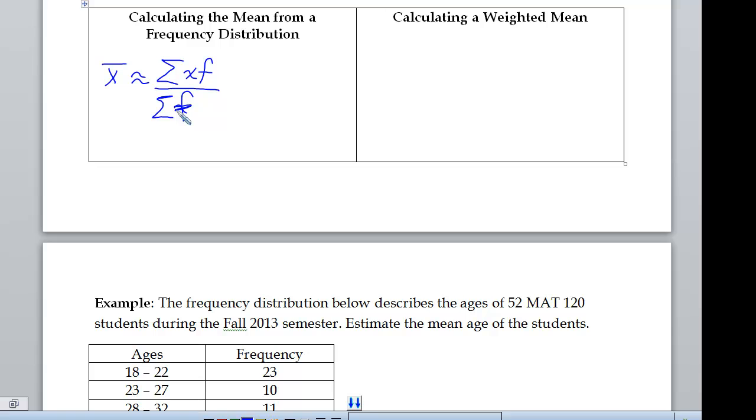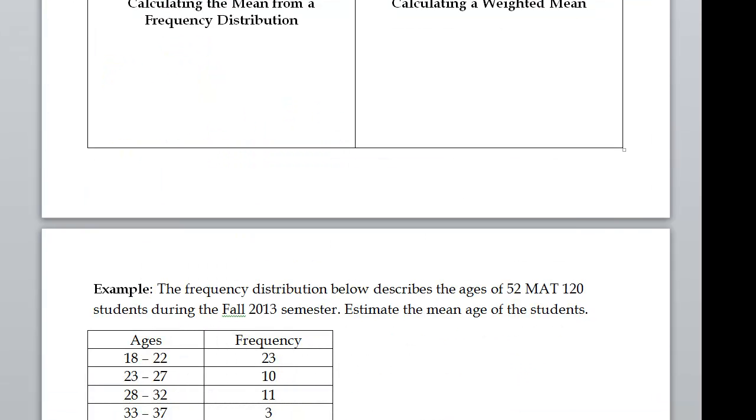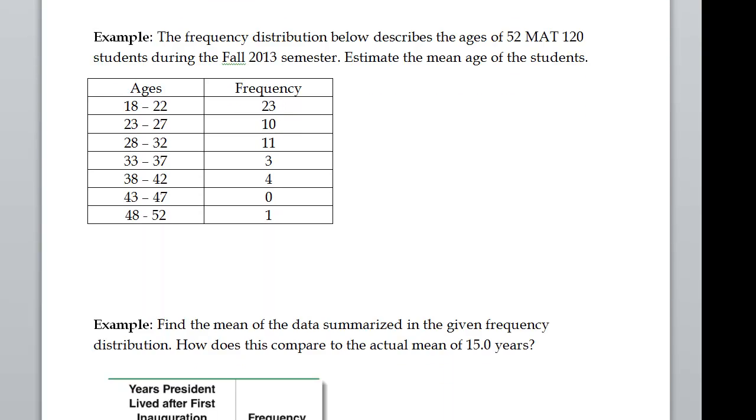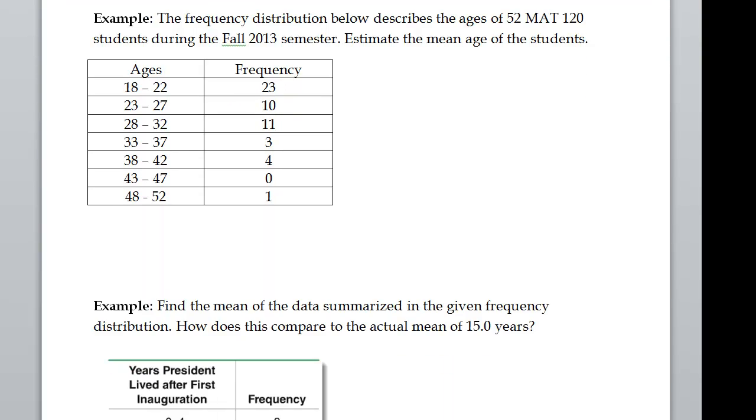We're going to let x equal the midpoint of the class, and I think it's obvious that f is the frequency. We'll come back and talk about the weighted mean in just a second. But here we have the frequency distribution that we talked about earlier.